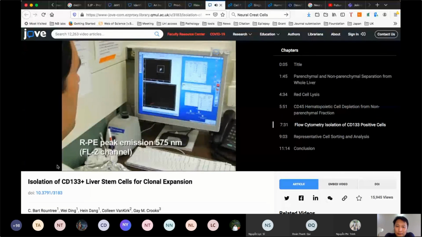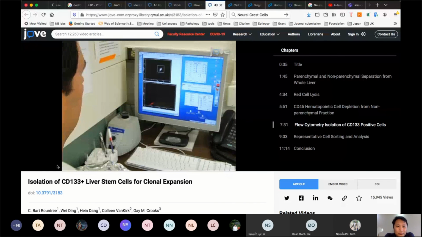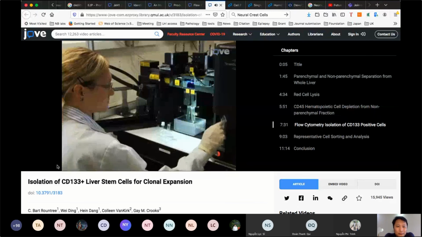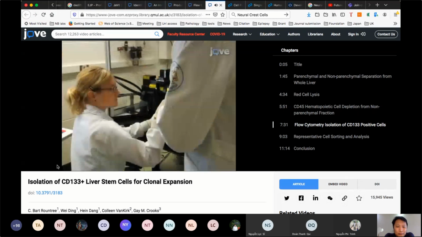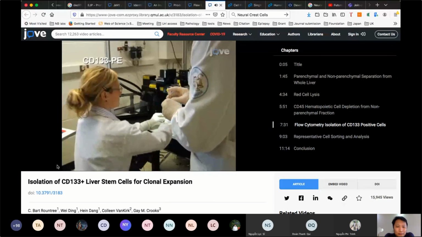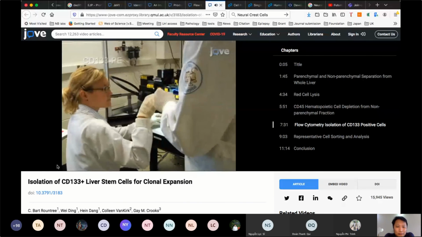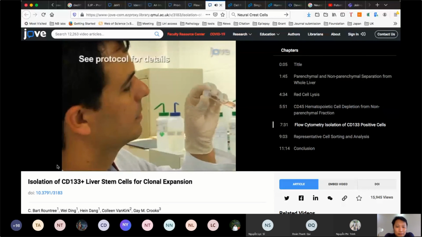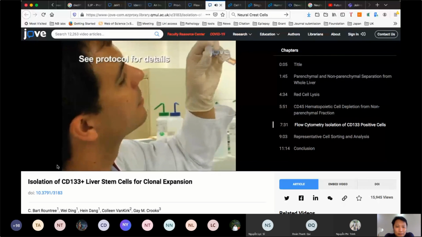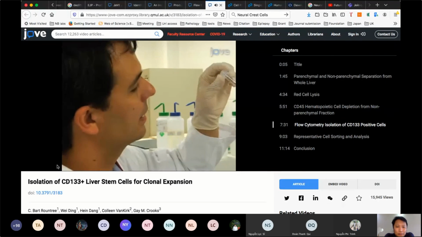R-phycoerythrin, or RPE, can generally be used with any flow cytometer that has a laser that emits 488 nanometers. Finally, isolate the CD133 positive cell population using the CD133 positive gate and collect the cells in sterile filtered oval cell medium. The cells can now be cultured and clonal isolation can be performed, followed by real-time PCR to assess bipotential status.